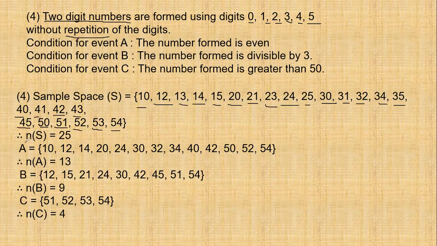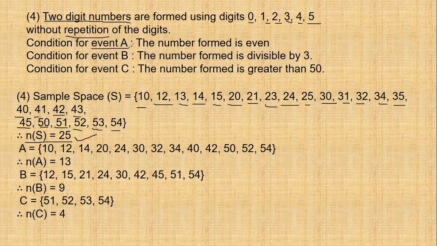Then number of S equals 25. So total numbers are 25. Count it: 1, 2, 3, 4, 5. See how many numbers are there? 5 fives are 25. So you get 25.